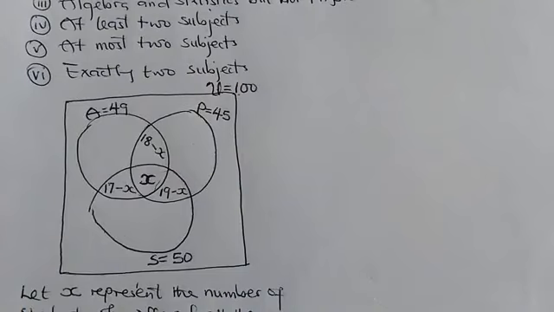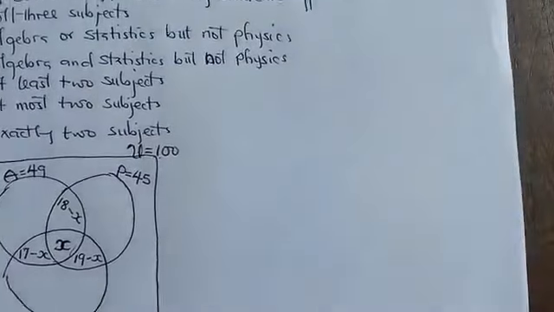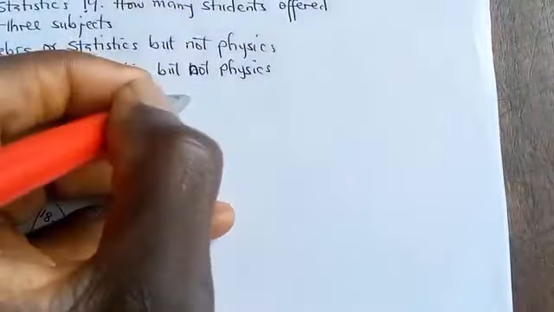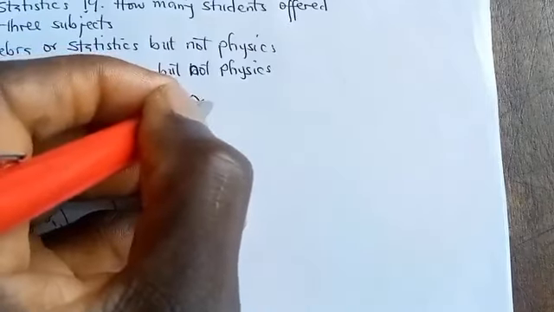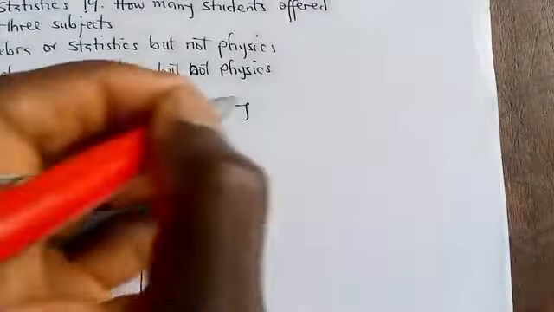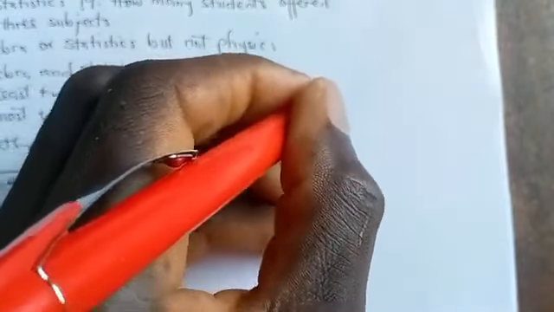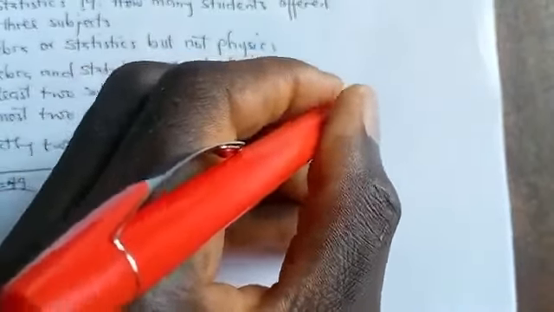And how do we get algebra only, physics only, or statistics only? So we come back to this place where we have algebra only. That's A representing algebra. You would get that by saying A intersecting P prime intersecting S prime.